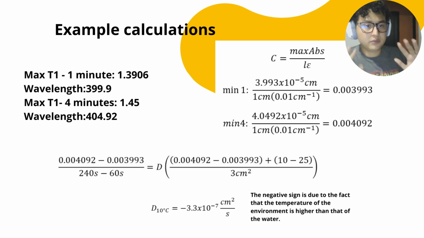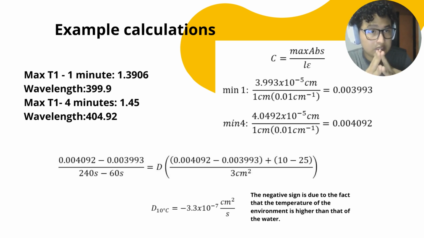To finish with this slide, it is important to mention this information. This is our only negative value of the diffusivity coefficient, and we can analyze that it is due to the difference between the temperatures, because in this situation, the temperature of the water is lower than the temperature of the environment.